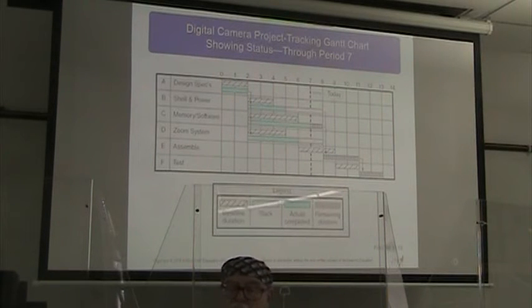So we have gone past our expected times to complete these tasks, because our assembly was supposed to start at the end of period 6, and now it's not going to be able to start till the end of period 8.